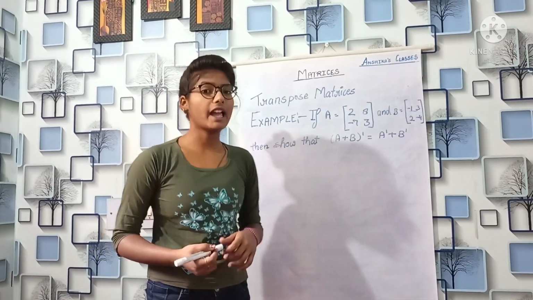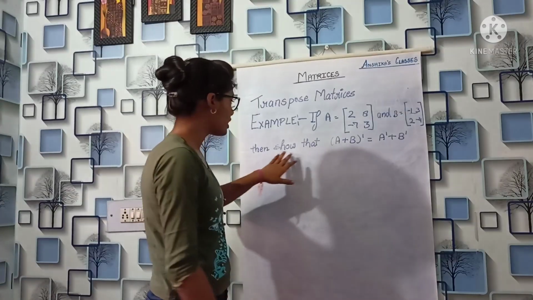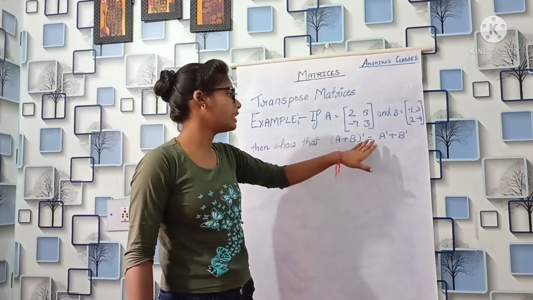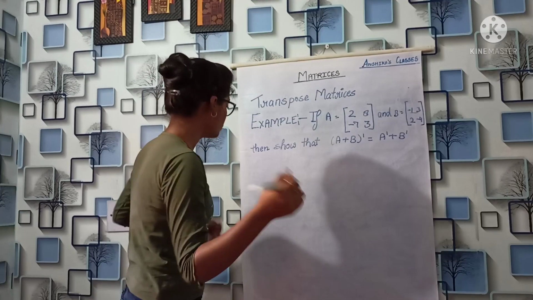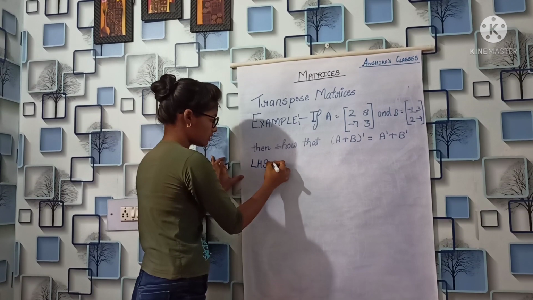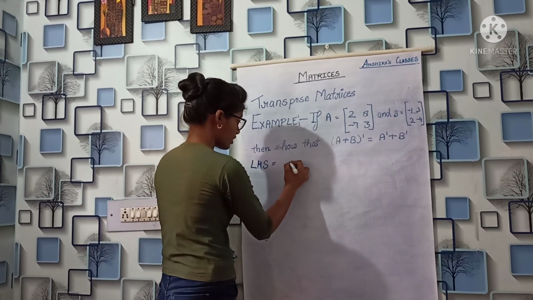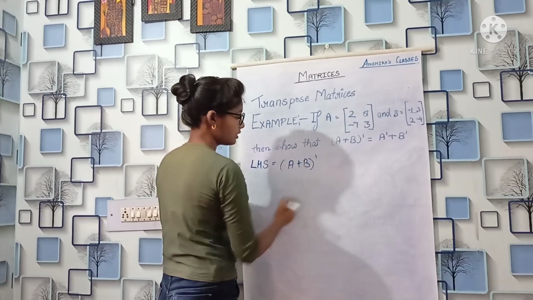So now take another example. If A is equal to this and B is equal to this, then show that A plus B whole dash is equal to A dash plus B dash. So take LHS, A plus B whole dash.